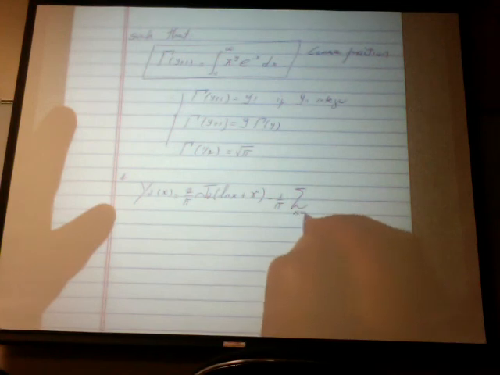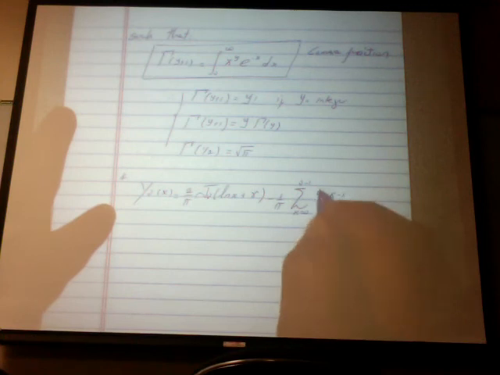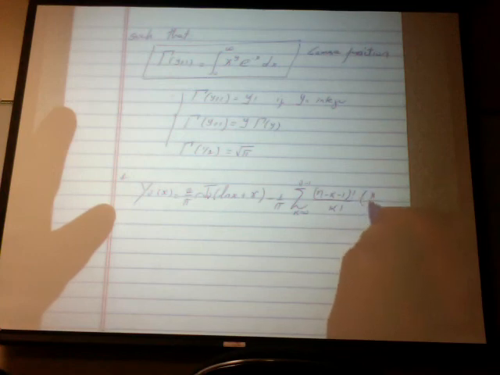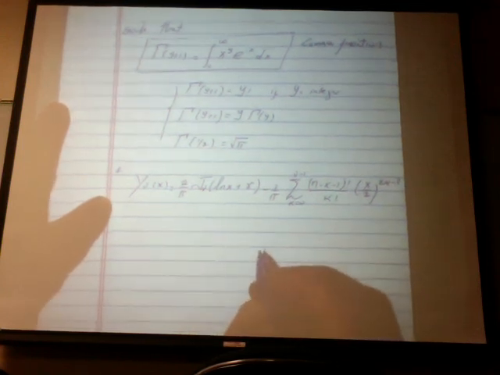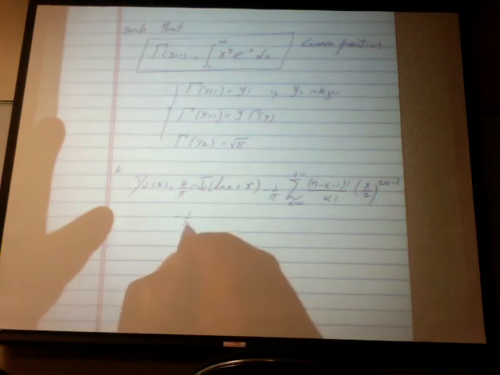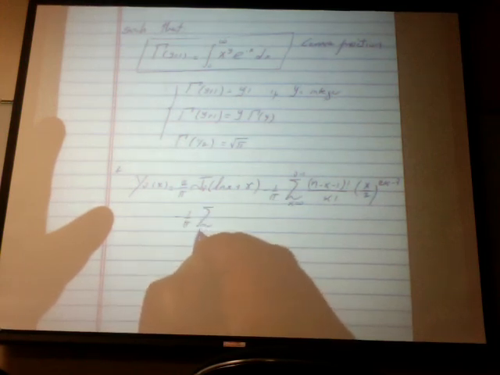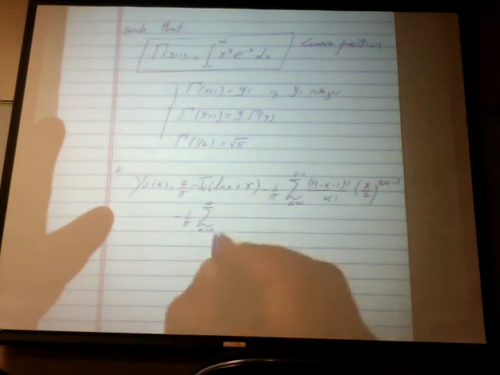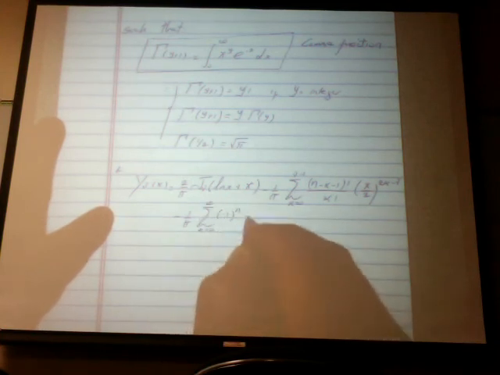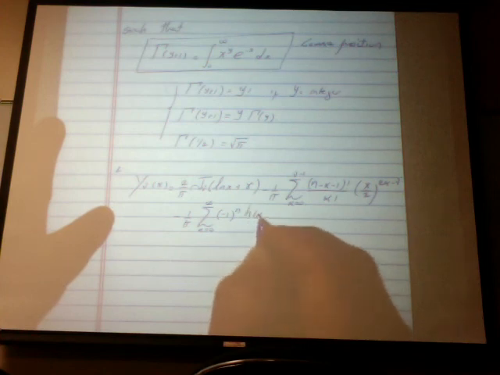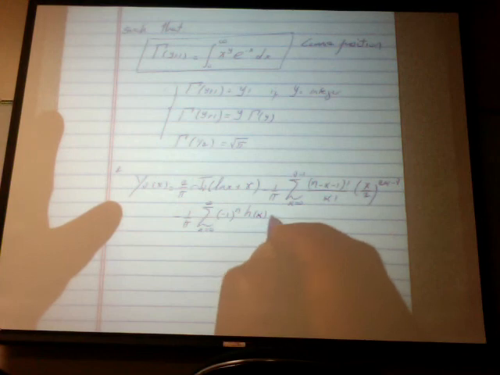minus 1 over pi summation from k equals 0 to nu minus 1 of (nu-k-1)! divided by k! (x/2)^(2k-nu), minus 1 over pi summation from k equals 0 to infinity of (-1)^k [h(k) + h(k+nu)] (x/2)^(2k+nu) divided by k!(k+nu)!.